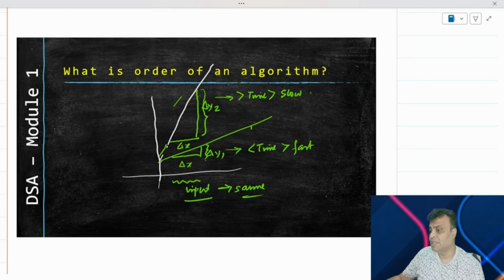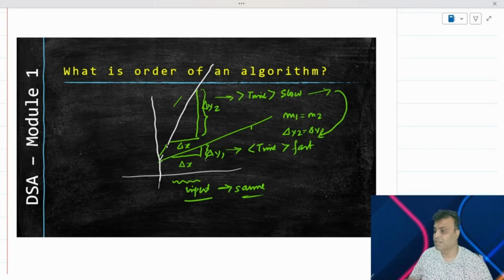And therefore, can I say that if I change this machine to run on this machine, my M1 will become equal to M2? That is, my delta Y2 will become equal to delta Y1, and therefore this graph will coincide with this graph. And that is what I'm trying to say in this entire scenario.